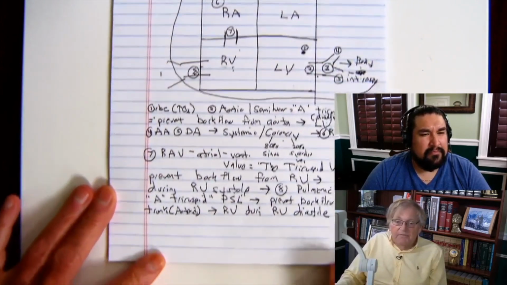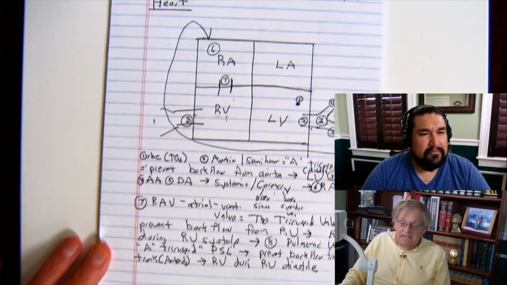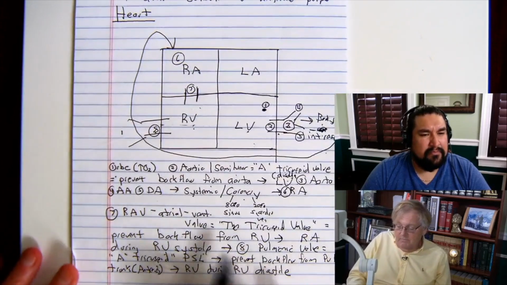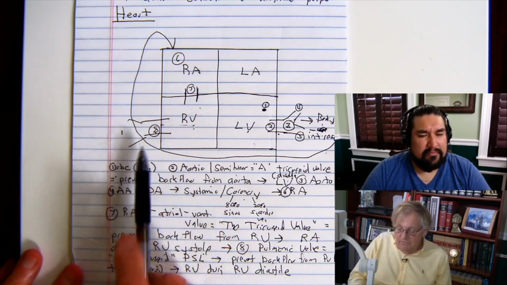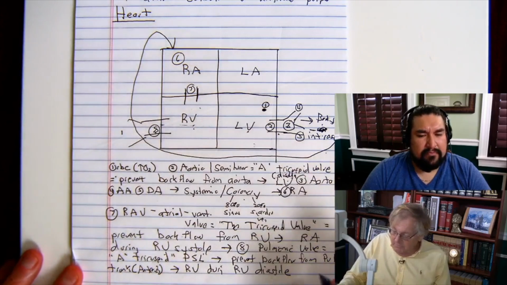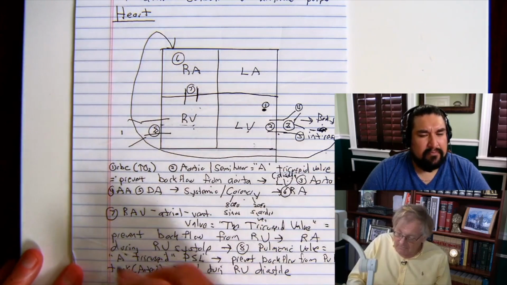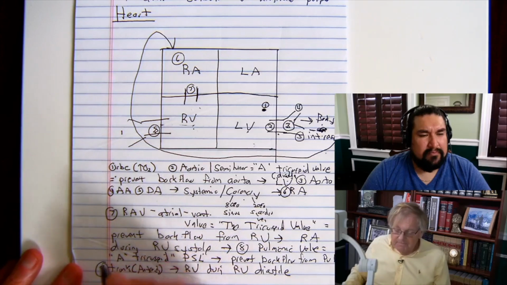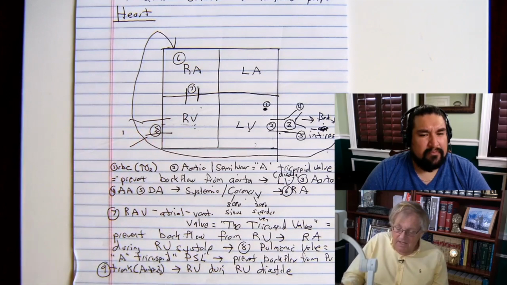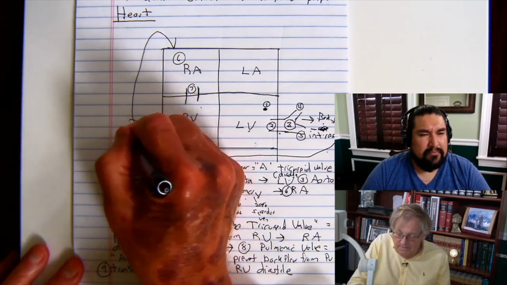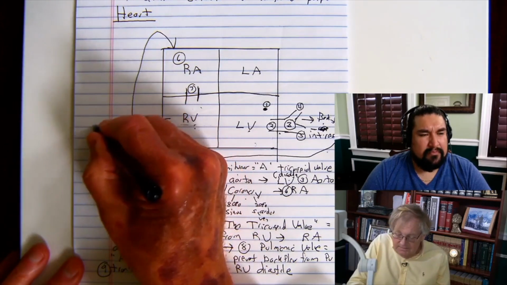So now we've got this blood that is in the valve here. So now it's gone through the pulmonic valve. It went into number 9, which is the pulmonary trunk. So that we can put here is actually the pulmonary trunk. And then the pulmonary trunk now has got to send that to the lungs. So this blood here is going to go to the lungs.